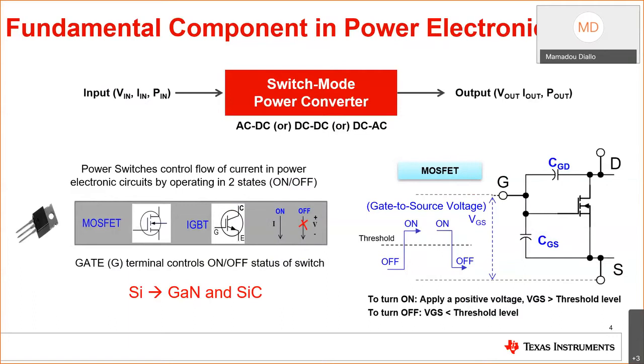To turn on the transistor, simply apply a positive VGS voltage greater than the specified threshold. To turn it off, VGS must be lower than the threshold level. The gate terminal is a capacitive input, high impedance terminal. There are two parasitic capacitors to be aware of inside the MOSFET internal structure, that is CGS and CGD.